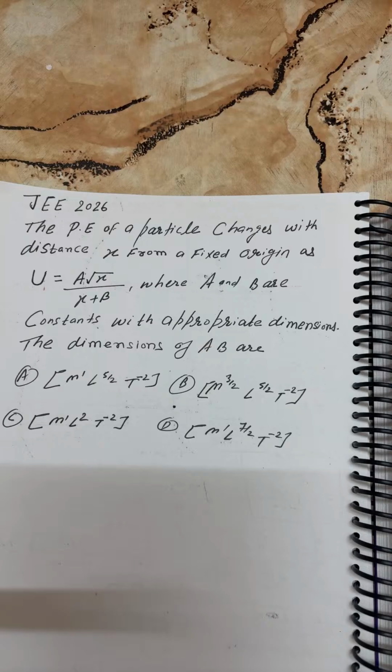We have to find the dimensions of A and B, and the product of A into B. So how can we do it? My dear, it's very easy here.